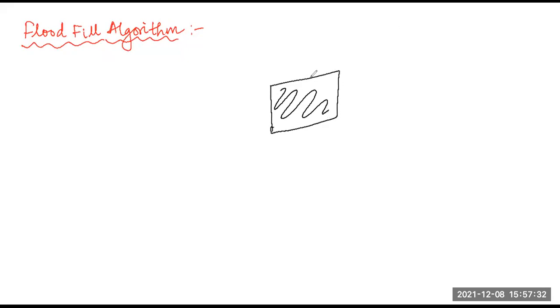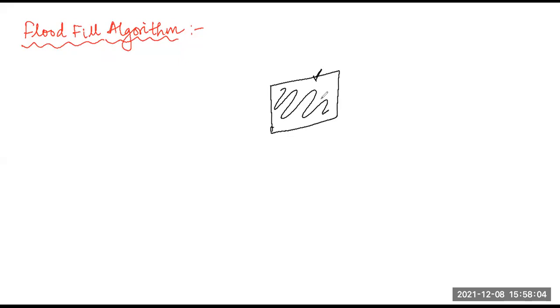It won't check whether the color with which I want to paint my inside region is my boundary color or not. No, it will only see that if I want to paint this region with red, whether any pixel has already been colored with red. If it is not, color it. So it will take a pixel and see whether that pixel has the old color or not.